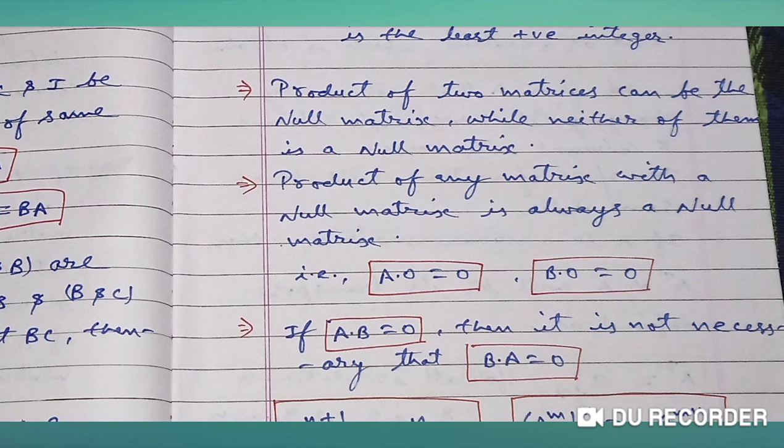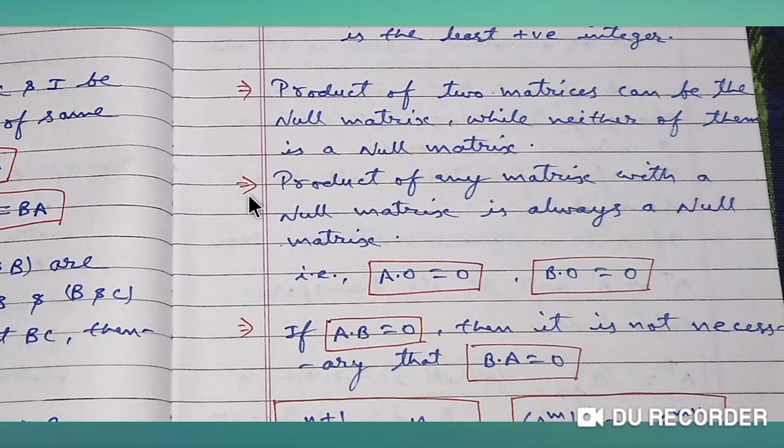Suppose A and B are conformable for multiplication, and we have obtained the product AB. It is possible that AB will be a null matrix while neither A nor B is null. Even though they are not null matrices, they are non-zero matrices, their product can be a null matrix.